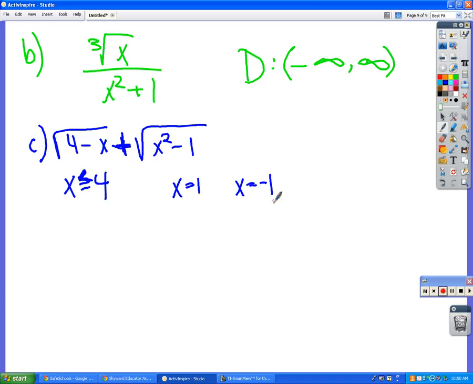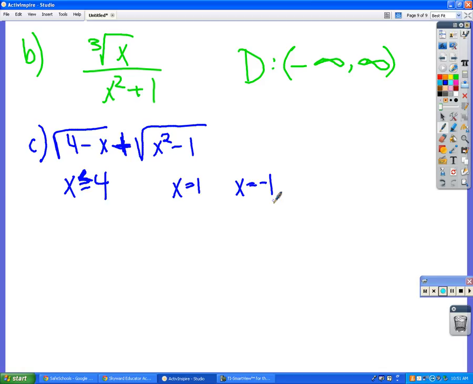Can it be smaller than negative 1? It has to be smaller than the smallest one, and can it be bigger than positive 1? Yes, so where's my problem? Right, in between negative 1 and 1. It can't be in between those two numbers.